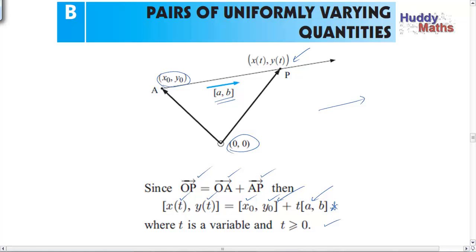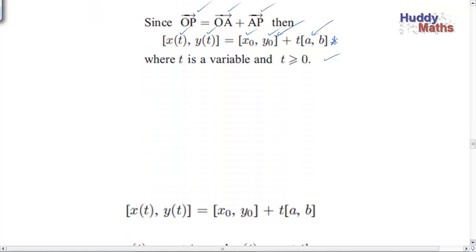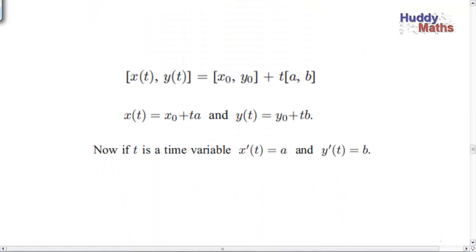All right, so here let's have a look at what we can say. Well, first of all, if we have that, we can split it into parametric equations. x of t equals x naught plus ta. y of t equals y naught plus tb. Parametric equations.